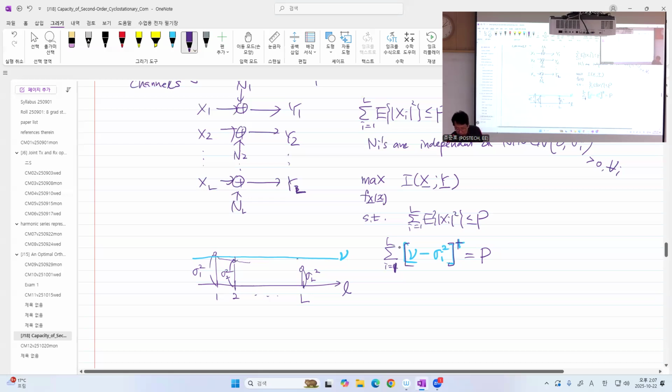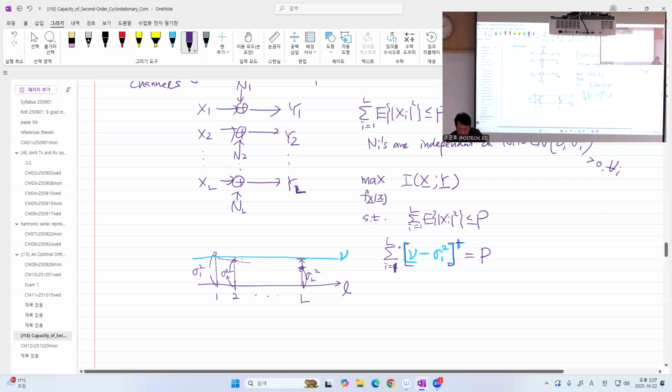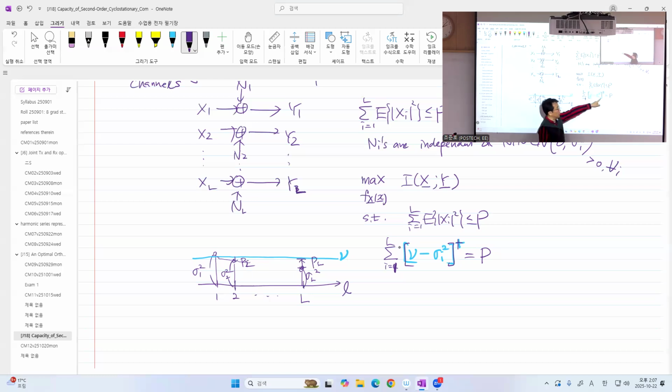And each height is actually P sub 2, P sub L. So in this example, if these P sub i's satisfy this condition, then the P sub i's are the allocated powers.